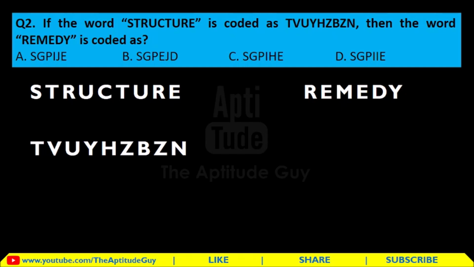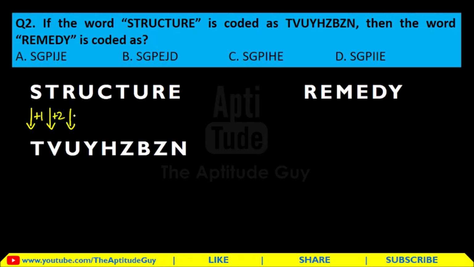Alright, let's begin. So we have structure and this code. Let's see what could be the key to encode this message. So we have S to T. We have T after S, so this is +1. Now we have T to V. In the English alphabet, we have T, U, V. So this is +2.